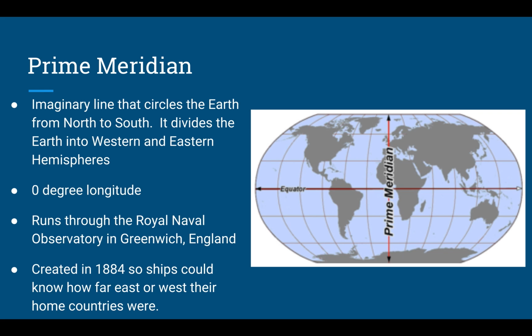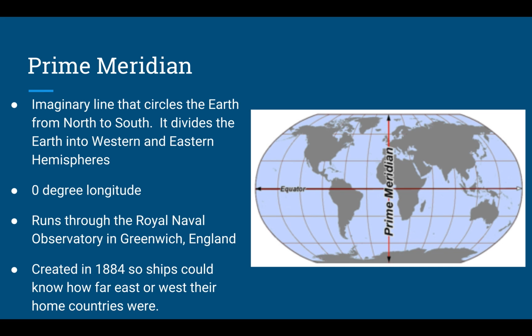Now, they created the prime meridian in 1884 for ships, so that ships could know how far east or west their home countries were. So it was all about navigation and how to get from one place to the other. Once again, the prime meridian, just like the equator, is an imaginary line.